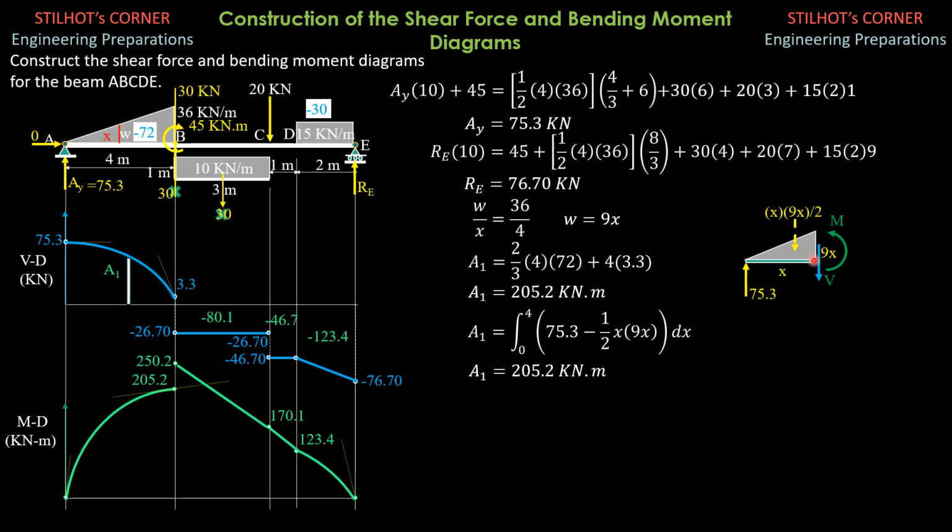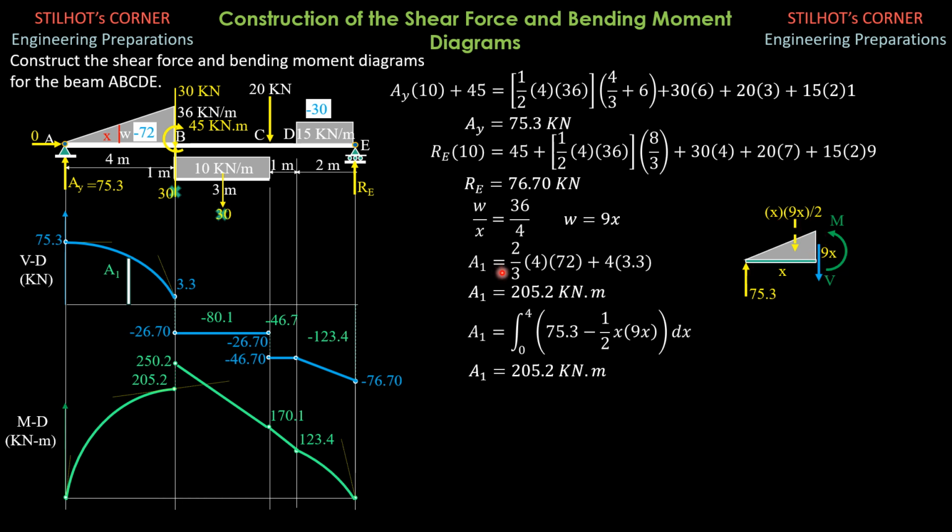This is the positive shear direction, V. That's the positive moment, counterclockwise about the right section, for shear downward for the right section. So summation of forces in y equals 0. Downward force equals upward minus downward, or downward plus downward equals upward. So that's why the downward force, the shear force, which is assumed to be positive, is 75.3 minus 1/2 of x times 9x.